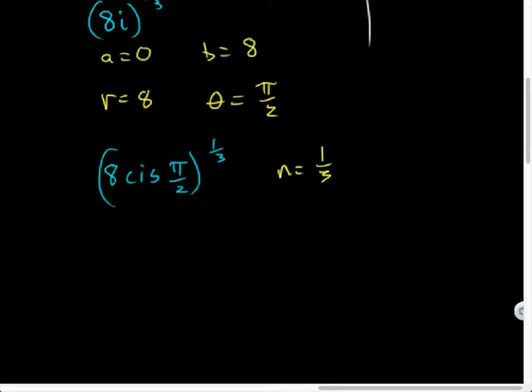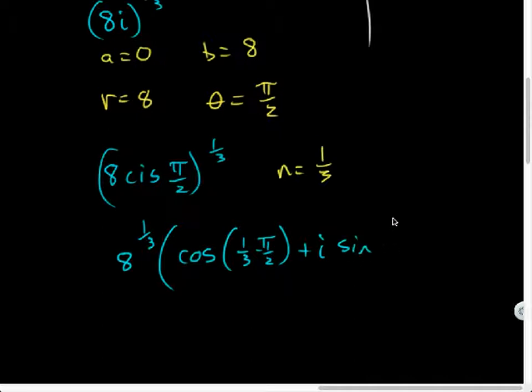Really, that's what we're doing. So this is going to be 8 to the 1/3 power multiplied by cosine of pi over 2 times 1/3 plus i times the sine of 1/3 times pi over 2.